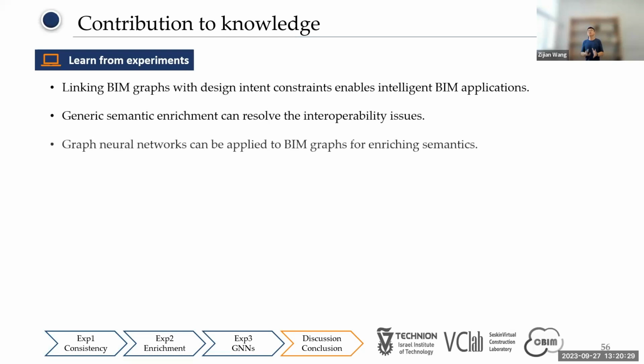Maybe the most important lesson we learned from all those experiments is that linking BIM graphs with design intent constraints enables intelligent BIM applications. This is so important. It can actually help researchers think about another way of using graph information for designing their desired functionalities.